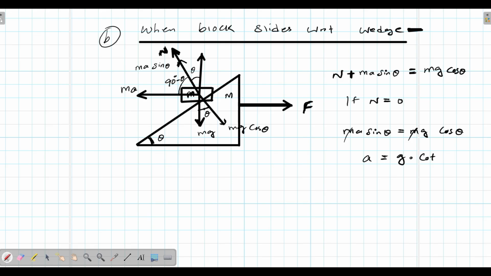A equals g cot theta. That is the acceleration when the block slides with respect to the wedge.